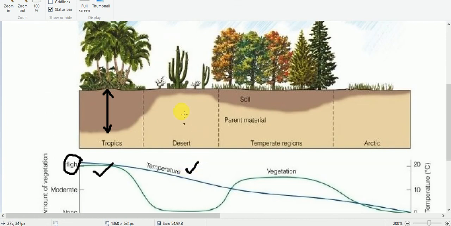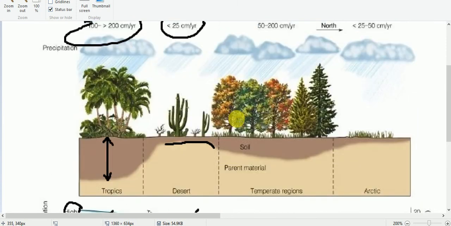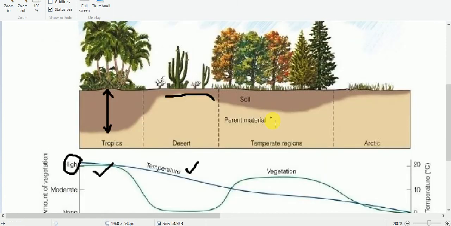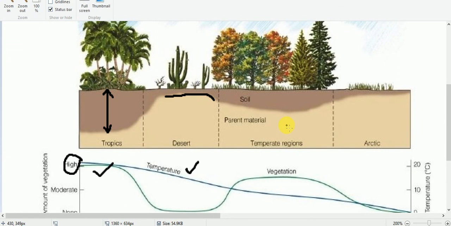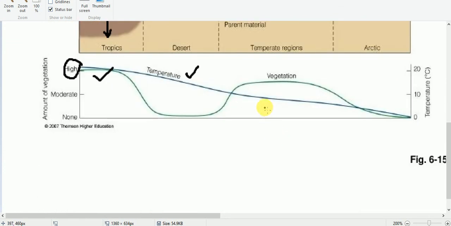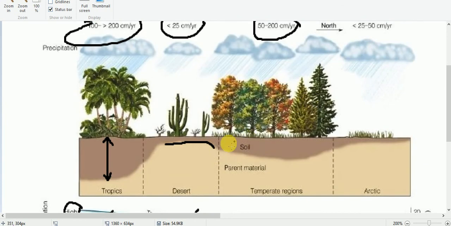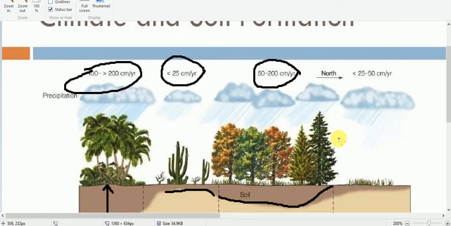And in the desert areas, rainfall is less than 25 centimeters in a year, and temperature is still high, and we have got a thin layer of soil. And this is for the temperate region. Here we have a medium amount of precipitation and the temperature is not so high, moderate. See the graph, temperature is moderate, and we have got a moderate depth of mantle.